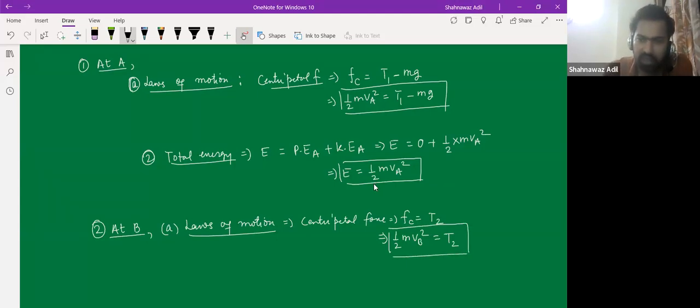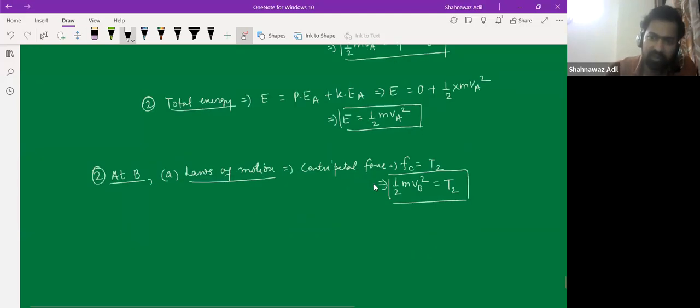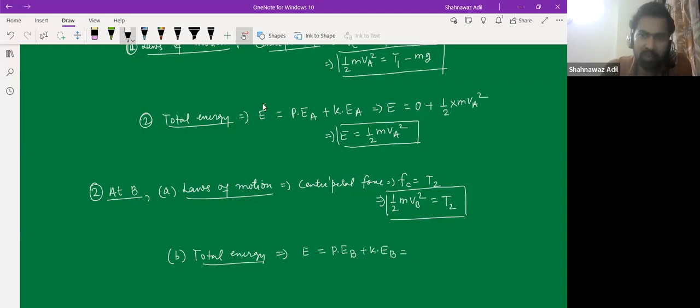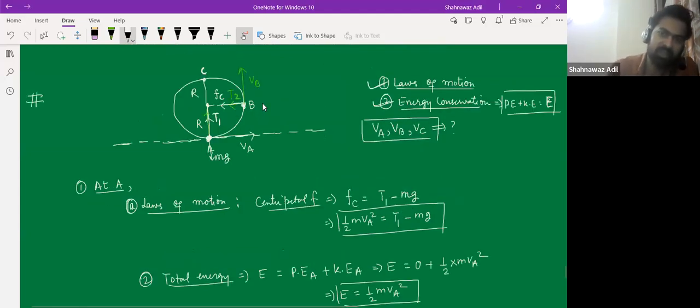Right. And also, what do I have? I also have total energy, that is E. So E is potential energy at B plus kinetic energy at B. What is the potential energy? mgh.